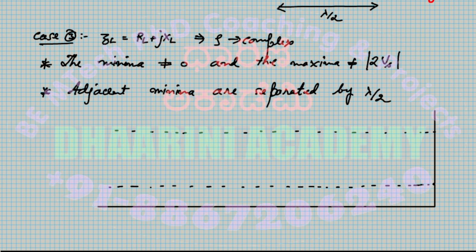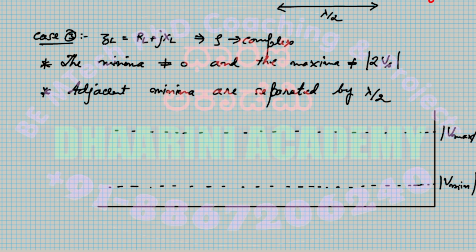Now you see we have two values. One is the magnitude of V max, and the magnitude of V min. Now it is not required that you have to start from a specific point. Any point you can start. So maybe I'll start from here.